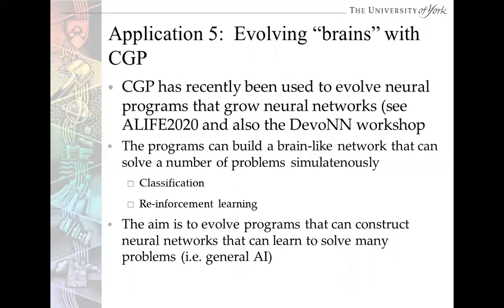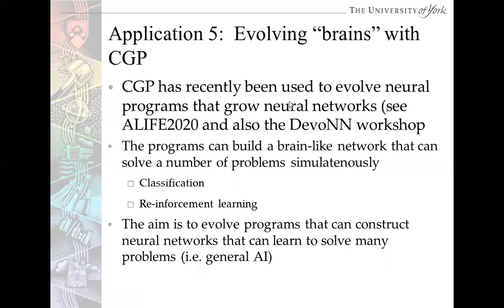So the fifth application I'm currently working on, and I have a couple of papers at this A-Life conference on this subject, in the main conference and also in the DevoNN workshop, which I hope a lot of you will come along and see, virtually that is. What I'm trying to do here is to evolve neural programs.